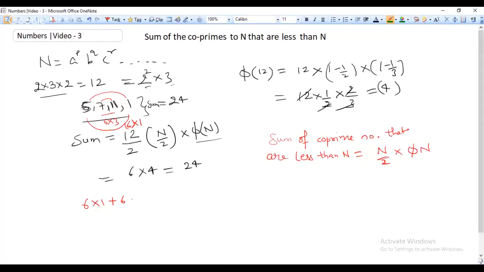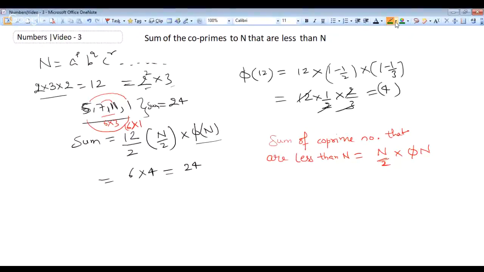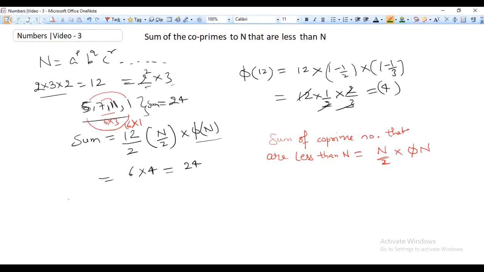As we keep on increasing, we will be using 6 into 1, 6 into 3, 6 into something else, 5. That will be an odd multiple of this. If you take a greater number, you can have a look at it, it will be that way.